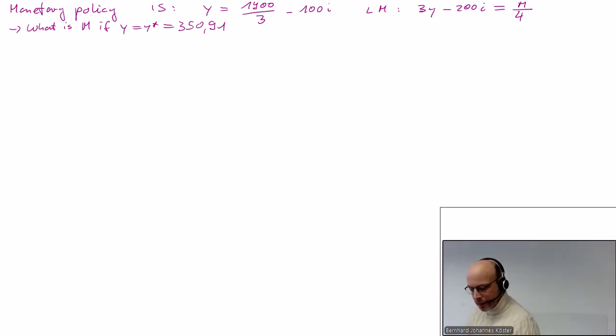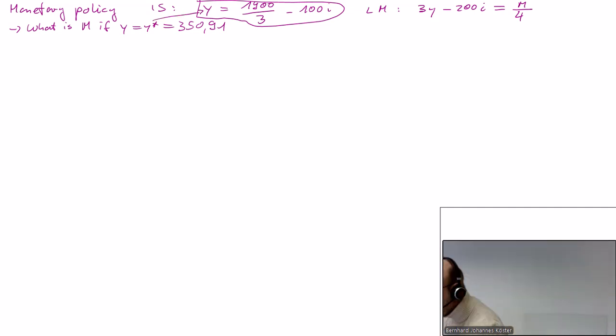So the old IS curve is still valid, and we know what kind of income we want to achieve. This means we can insert the new income into the IS curve, and since the IS curve is valid, we can directly calculate from it the new interest rate.